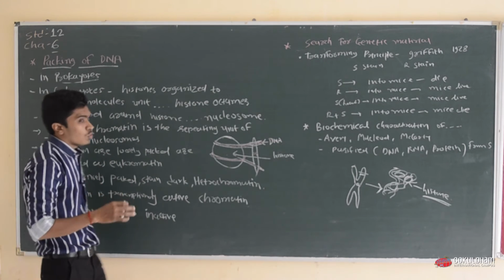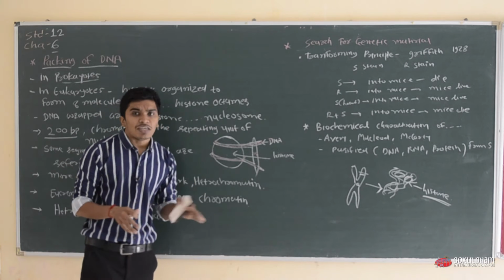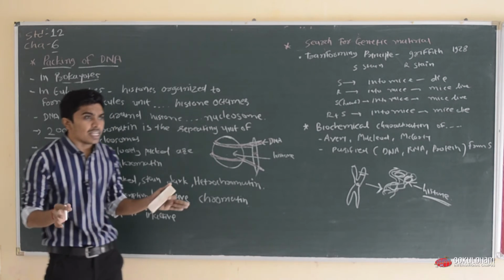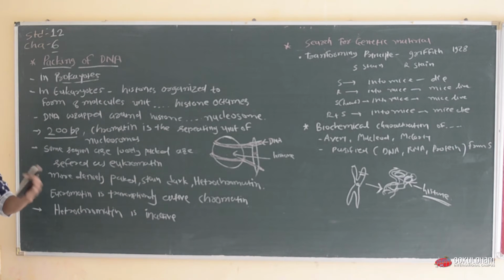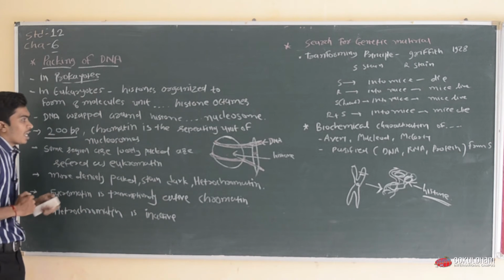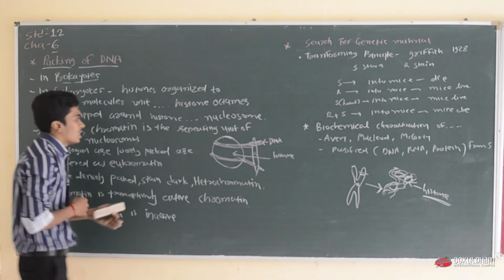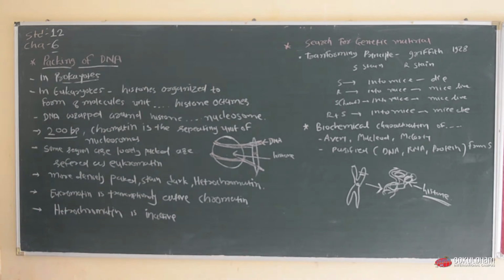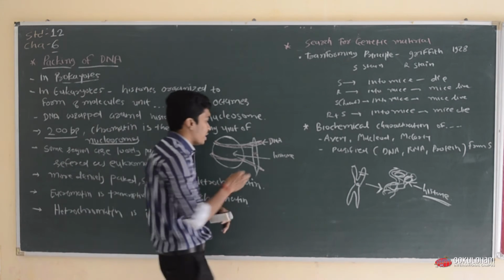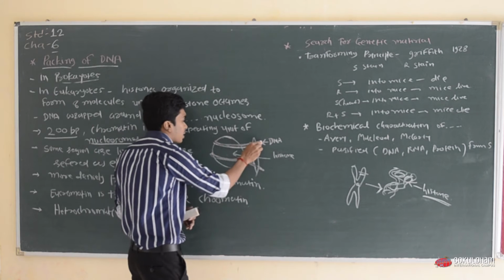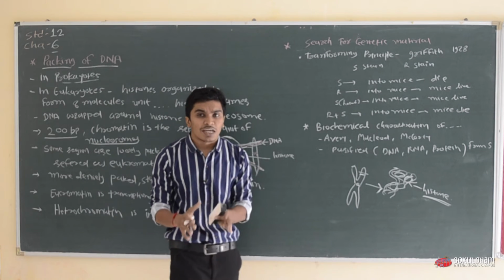And we know that during the resting stage or interphase, DNA loses the structure of a chromosome and forms a network-like structure, which is known as chromatin. What is this chromatin? Chromatin is the repeating unit of nucleosomes. Means what is chromatin? Chromatin is this nucleosome repeating again and again to make a chromatin. Okay.